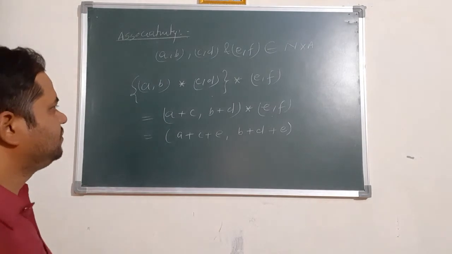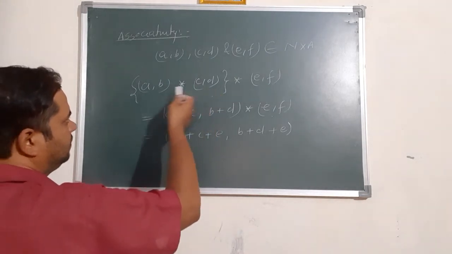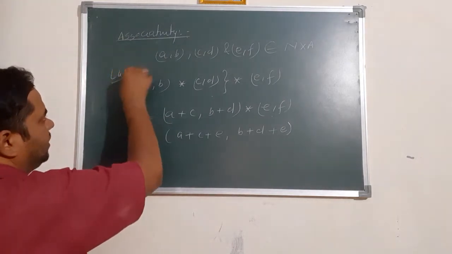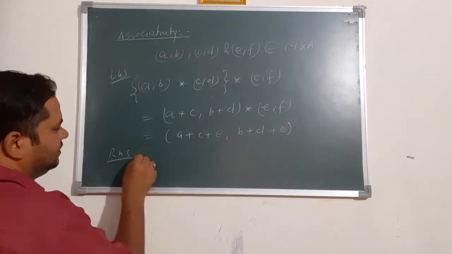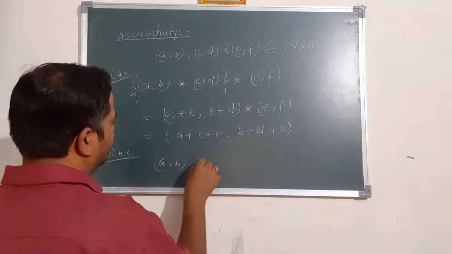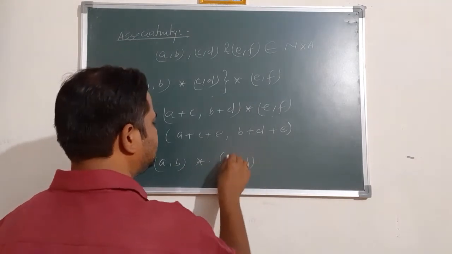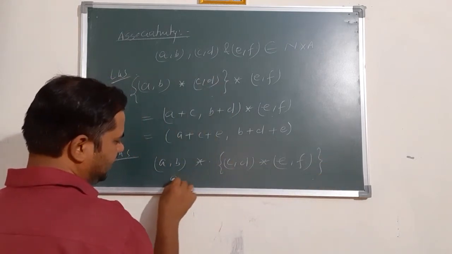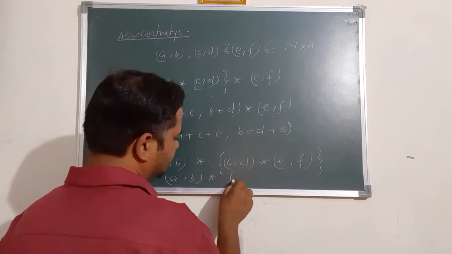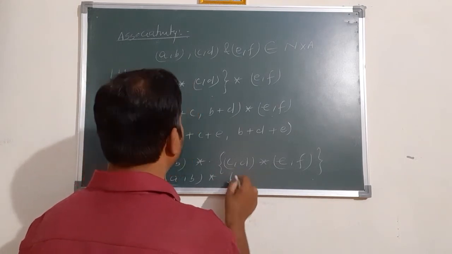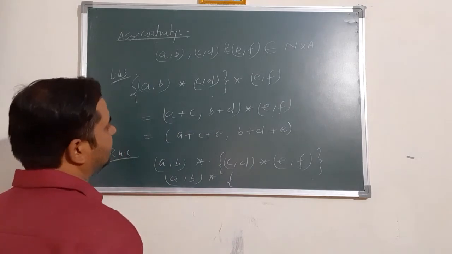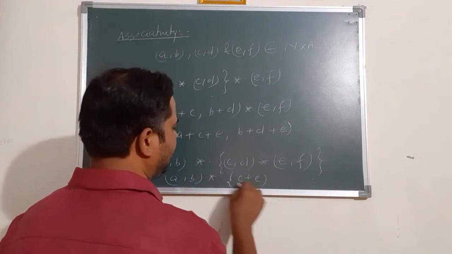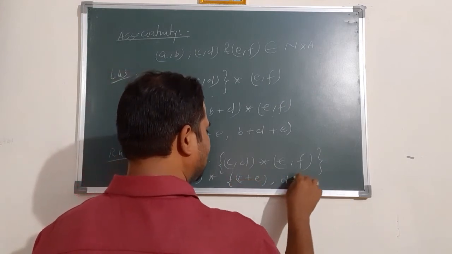Okay, and if you change the bracket, this is the LHS and the RHS is (a, b) star ((c, d) star (e, f)). So this is nothing but (a, b) star (c plus e, d plus f).